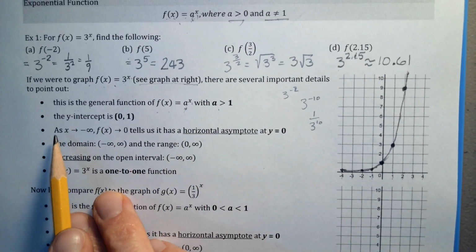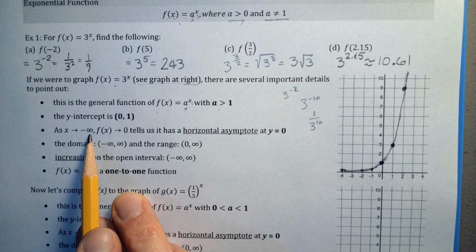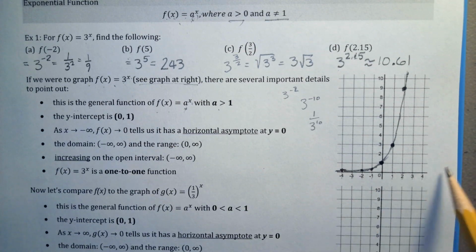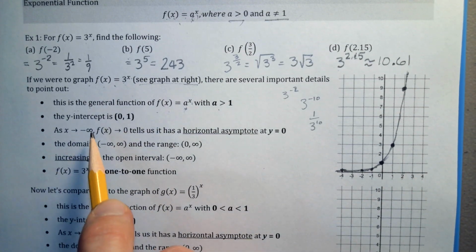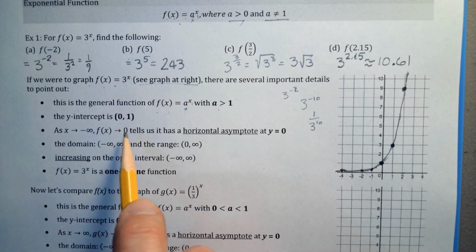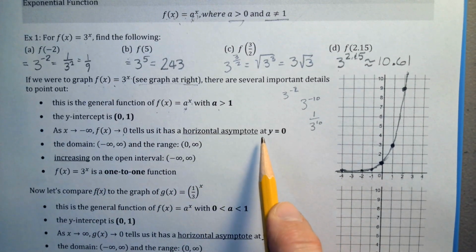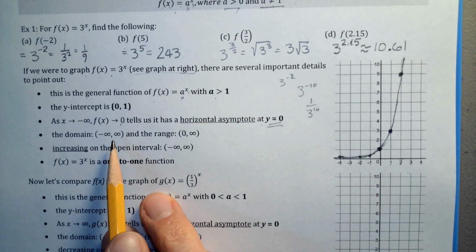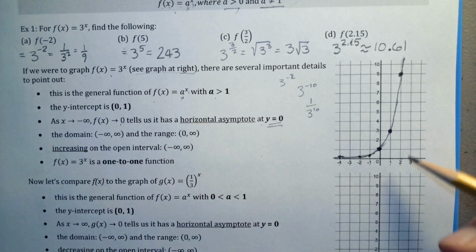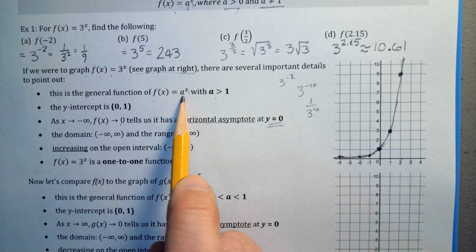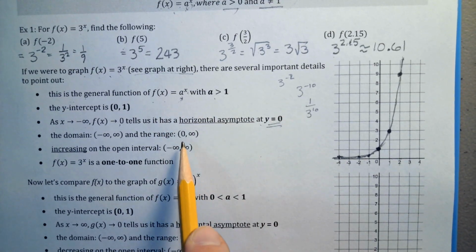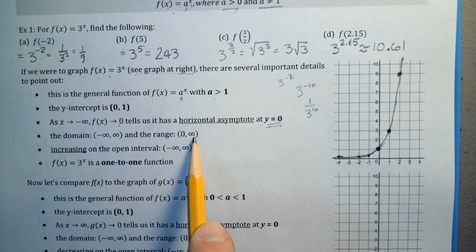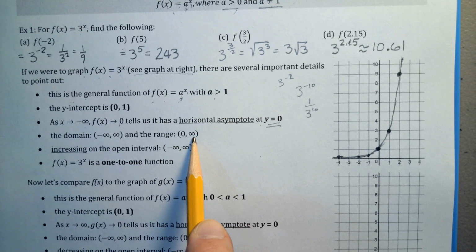Okay, so as x approaches negative infinity, that's the notation that we used when we were doing asymptotes. As x approaches negative infinity, f of x is going to approach 0. So there is a horizontal asymptote at y equals 0. The domain is all real numbers. The range can't be negative. You can't get a negative value out of this function. So it's from 0, not inclusive, because there's an asymptote there, up to positive infinity is the range.